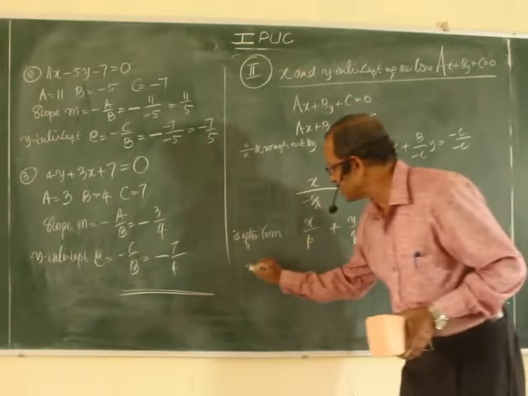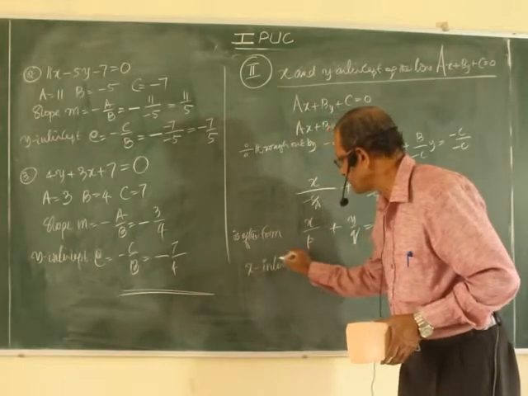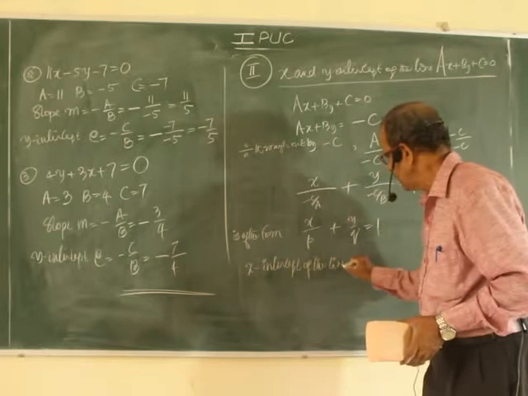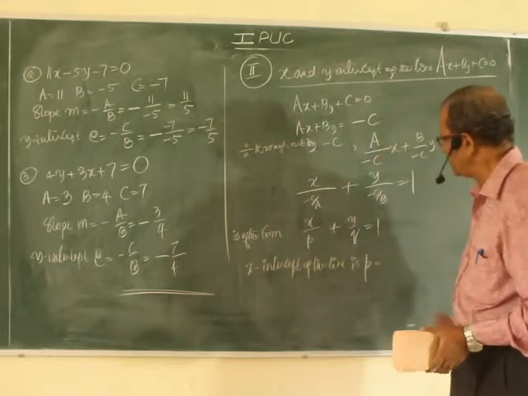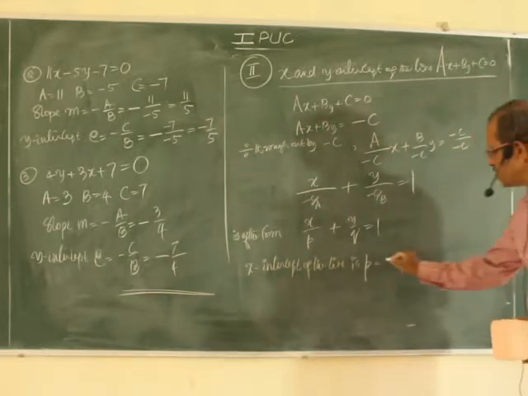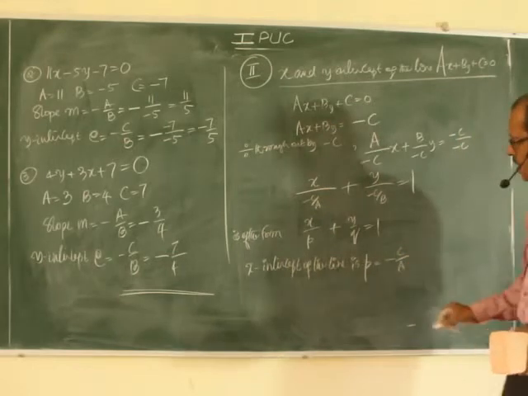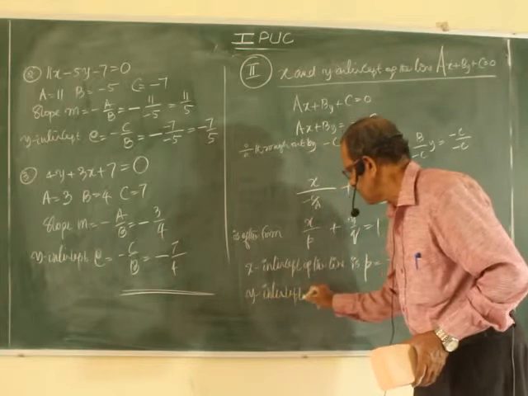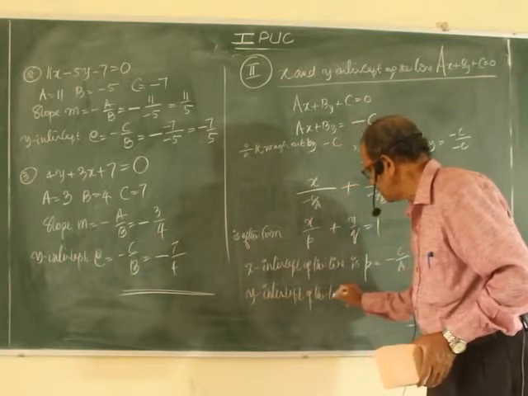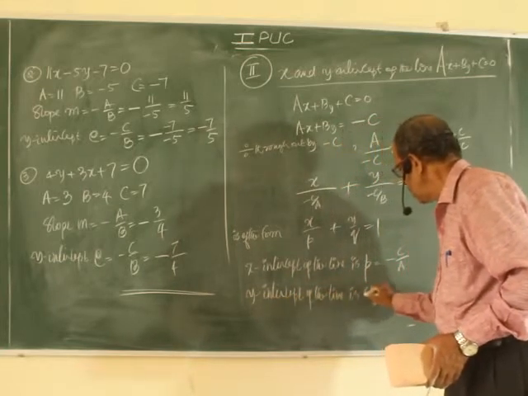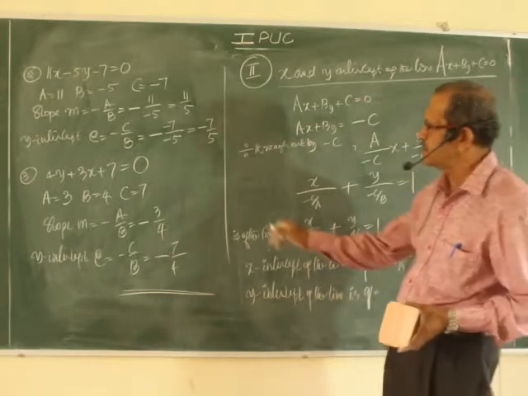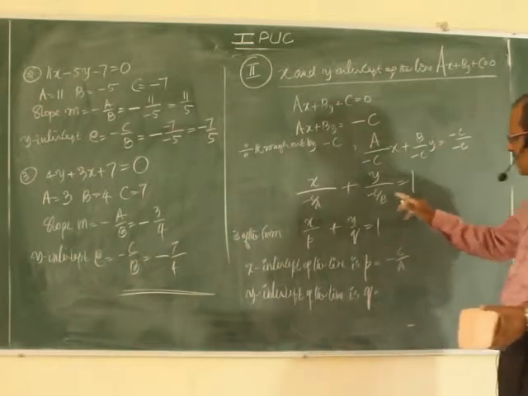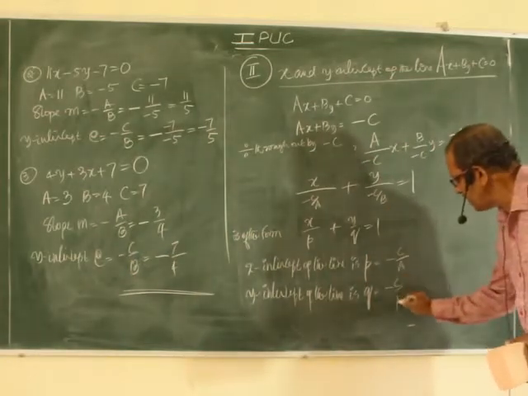So the x-intercept of the line is p equal to minus c by a. The y-intercept of the line is q equal to, it is the same here also, minus c by b.